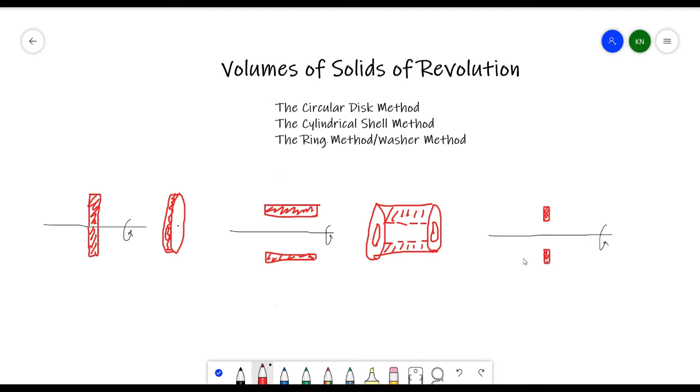Redrawn in 3D, it will form a circular ring, like this.